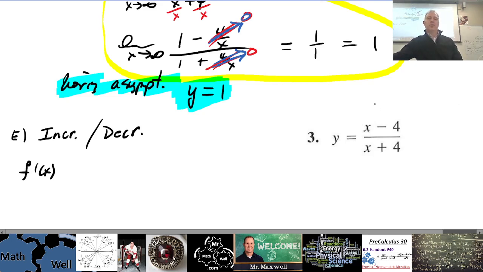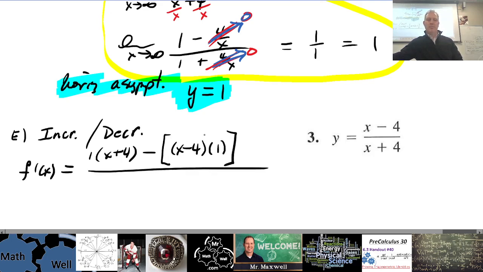Remember, the derivative of the top is 1 times the bottom, minus the top function times the derivative of the bottom, which is 1. We're going to be careful with our brackets here. I put an extra set of brackets just in case I have to do some multiplying, and remember to distribute that negative sign in there. So derivative of the top times the bottom minus the top times the derivative of the bottom, all over the bottom squared.